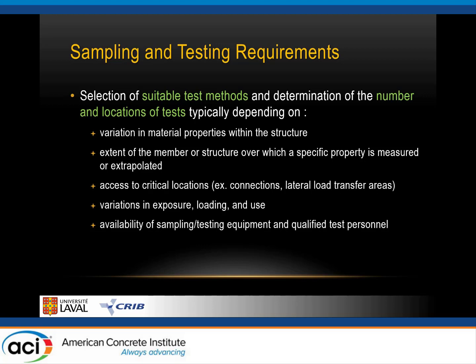Sometimes, depending on the complexity of structures, some areas are difficult to access, so testing or sampling is not possible in all areas. Some areas are also very critical in terms of structural stability. So this has to be taken into account for sure.